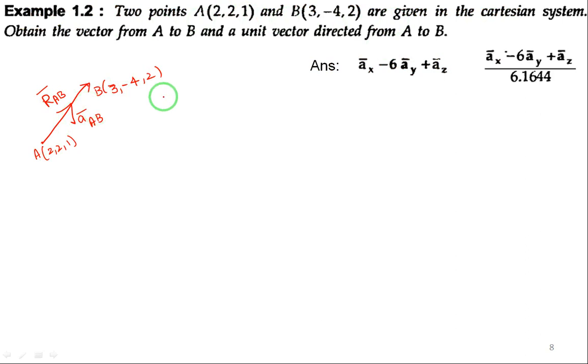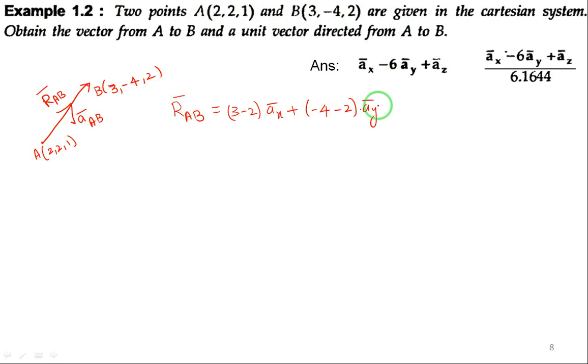What they have asked is to obtain the vector from A to B. A vector from A to B means RAB vector, the distance vector. So just apply the distance formula from A to B. Subtract the x coordinates: 3 minus 2, into AX along the x direction. Along the y direction, minus 4 minus 2, into AY.